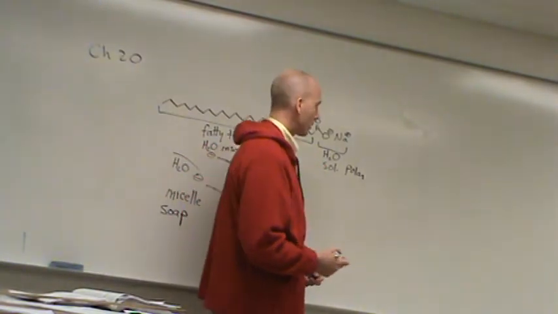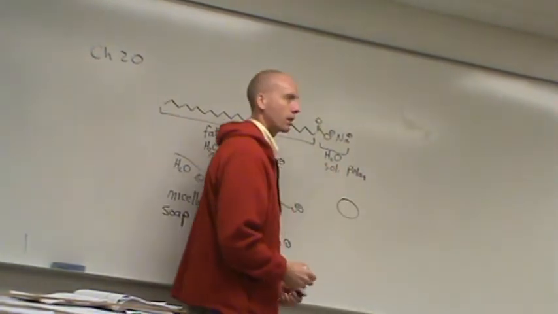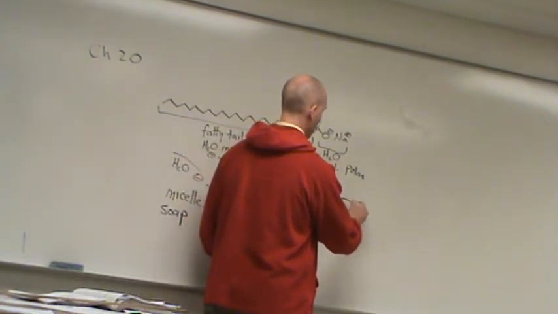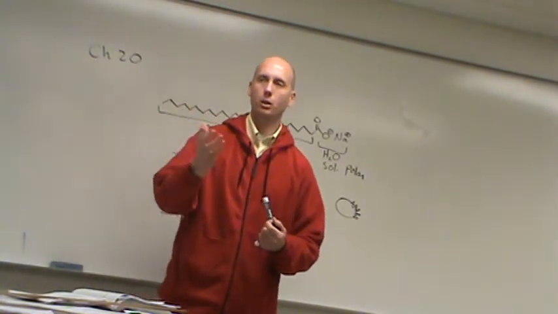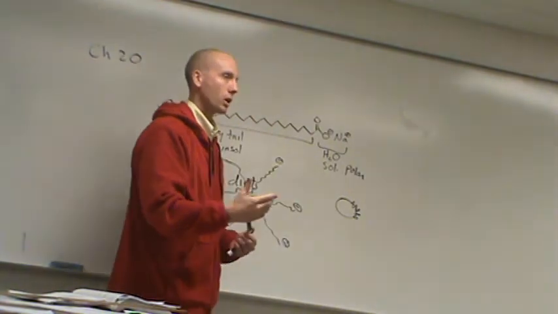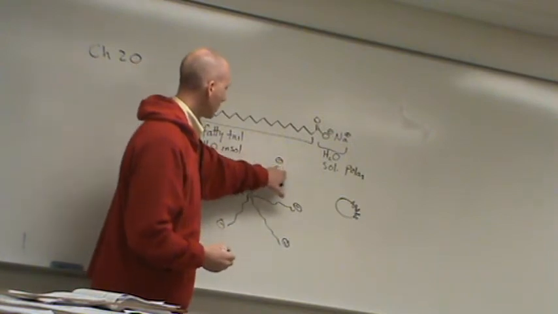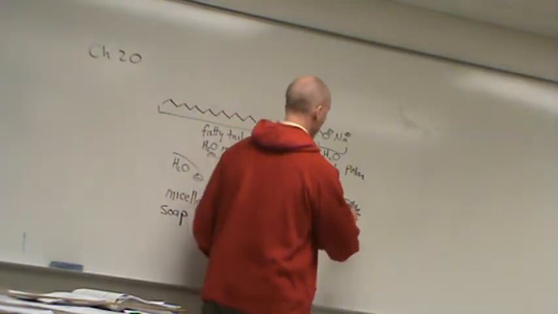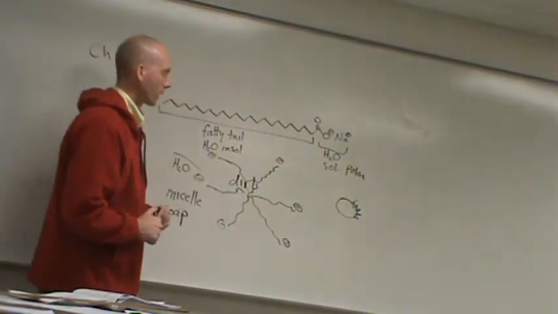So in a cell, the outside wall is usually a phospholipid, and when you look in your biology books, you see the squiggly lines, don't you? But what do you see on one side of the squiggly line? You see polar heads, don't you? So on one side of it, you might see polar or whatnot.